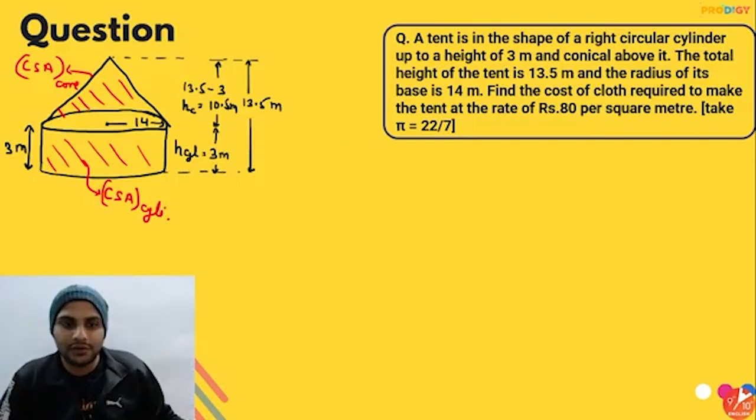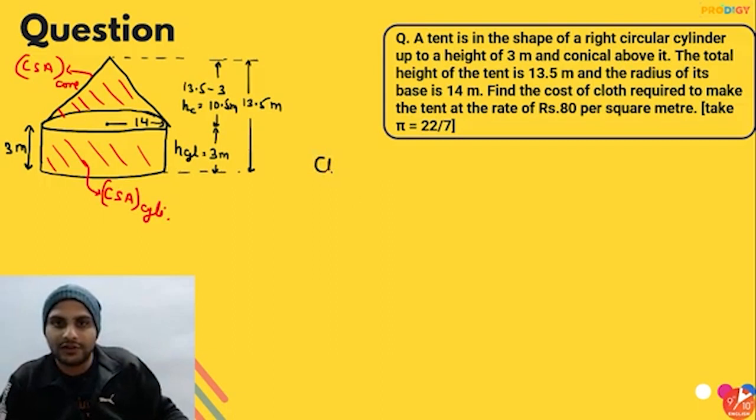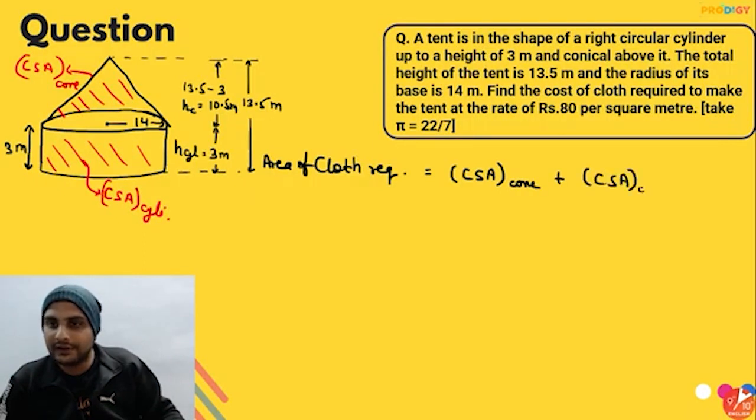So directly you don't know which formula to use, you have to think. So I can say area of cloth required will be equal to CSA of the cone plus CSA of cylinder.